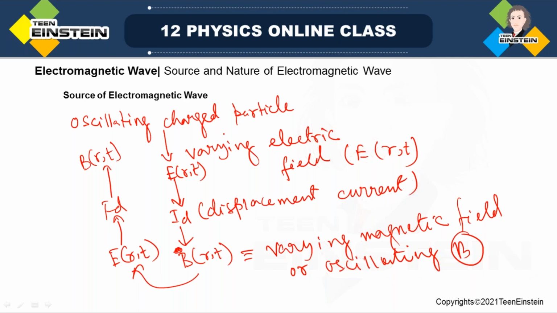An oscillating or accelerated charged particle is the source of electromagnetic wave. So far we have established that.